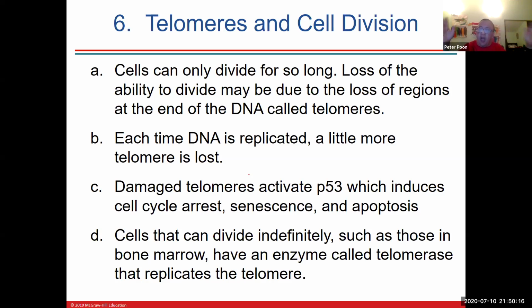Every time you cut a little bit into it, it doesn't matter because it's just useless DNA. Every time you replicate, you cut a little telomere off. Usually that doesn't matter, but if you keep cutting, you will cut into real stuff, and you'll damage the cell and eventually kill it.